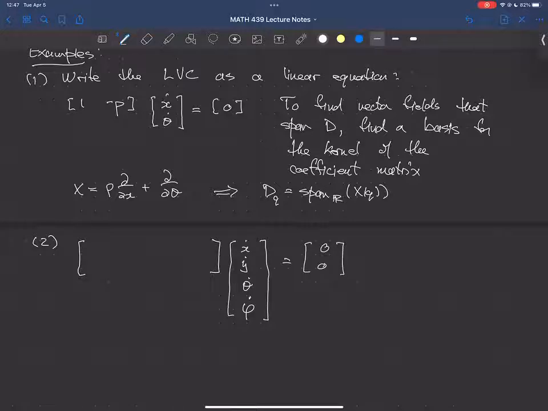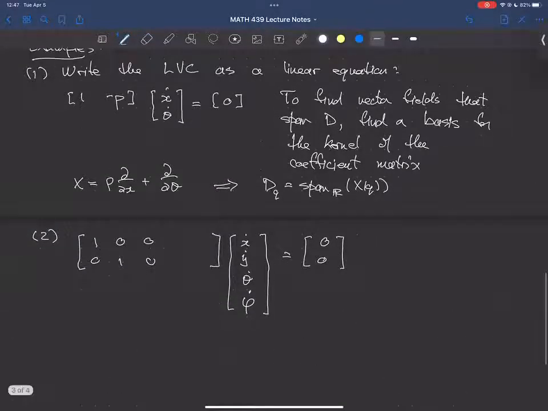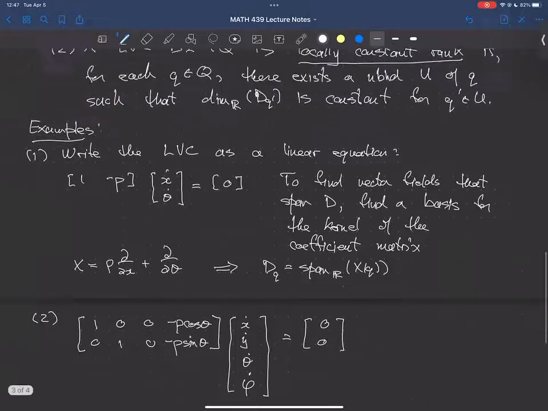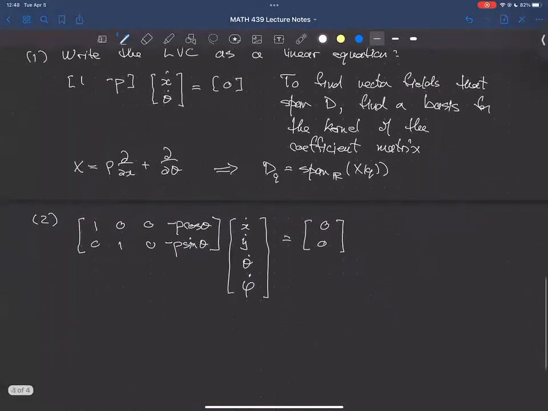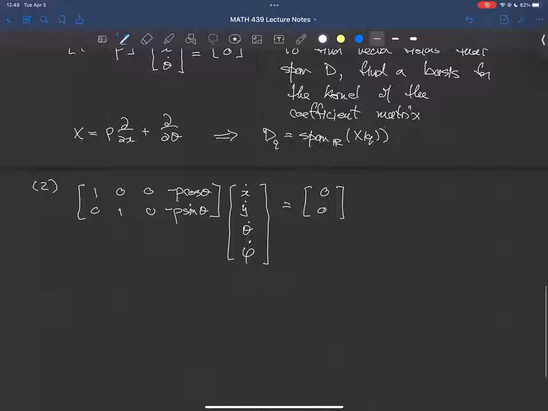And so the coefficient matrix has entries 0, 1, 0, 0, and minus rho cos theta and minus rho sine theta. Let me just make sure I got the signs right.